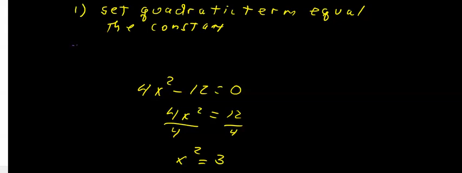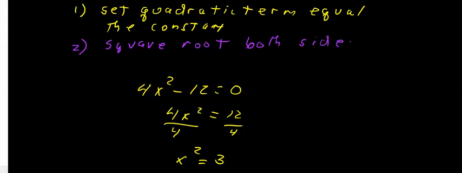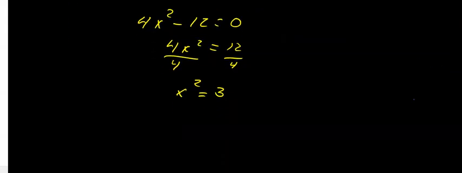Then I take the square root of both sides. Now this is going to be a little bit different for us, because when we take the square root, we have to take a plus and a minus. Why?